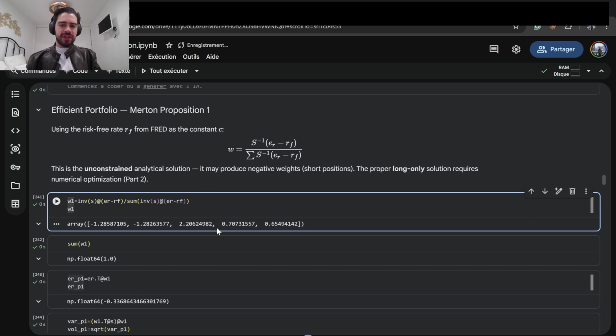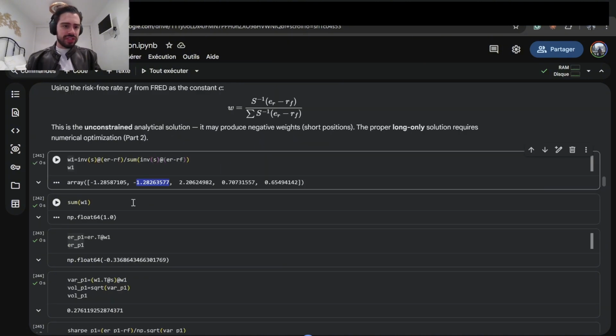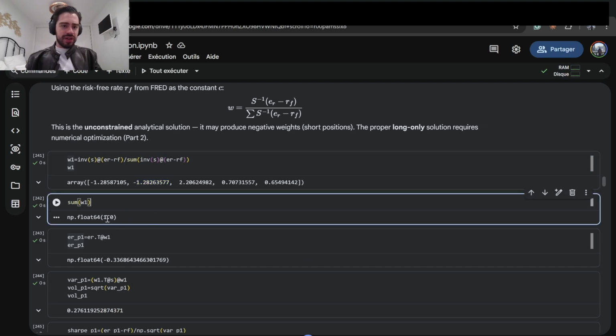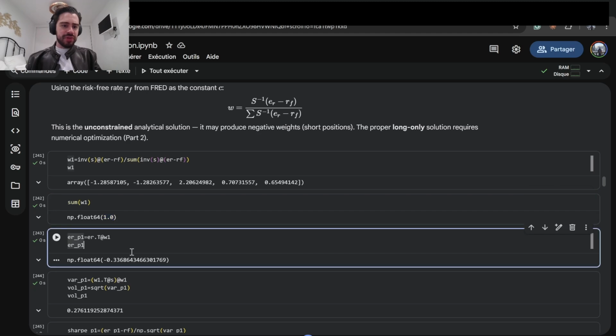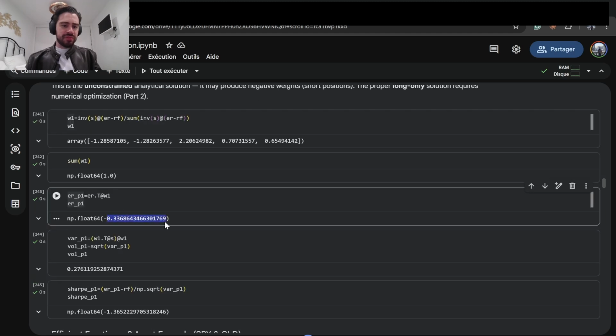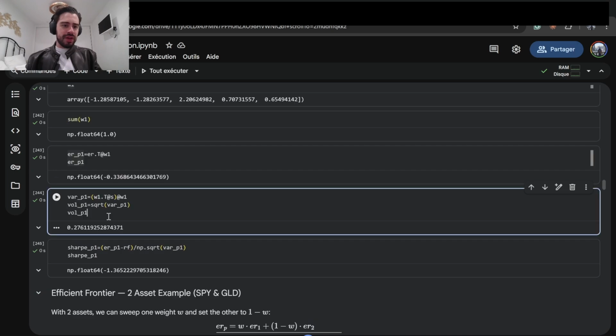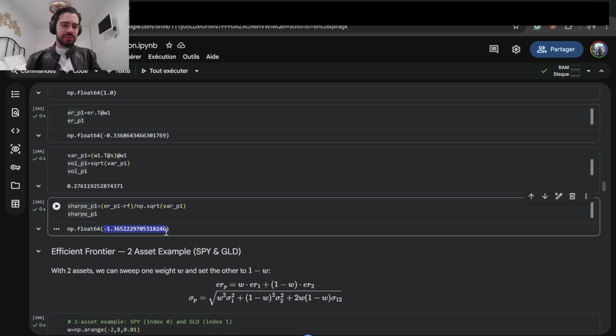The sum of everything will be 1, but you have negative weights, which in most cases is not practical. But let's follow Merton's proposition one before we go to the SciPy library. Here you can check all the weights equal 1. The expected return is very low, and you have this volatility and a negative Sharpe.